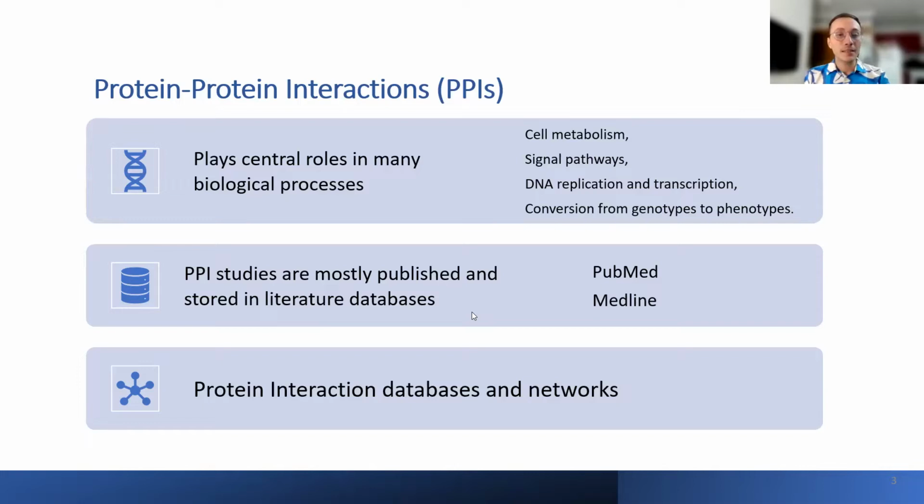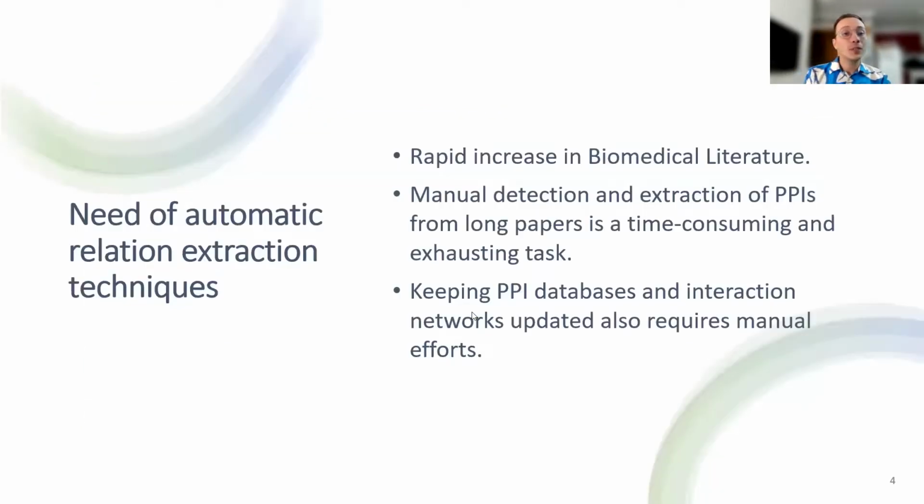Those databases and interaction networks store the current knowledge regarding interacting proteins in structural format, and they help scientists to discover the current knowledge regarding the protein pairs. Considering the rapid increase in biomedical literature, manual detection and extraction of PPIs from the long research papers, however, is a time-consuming and exhausting task.